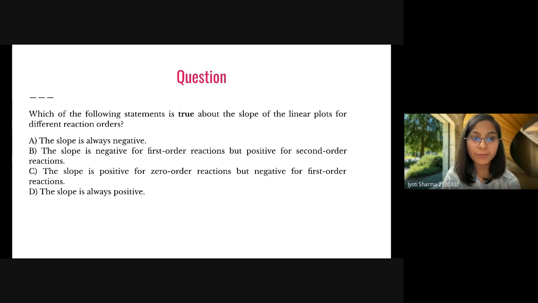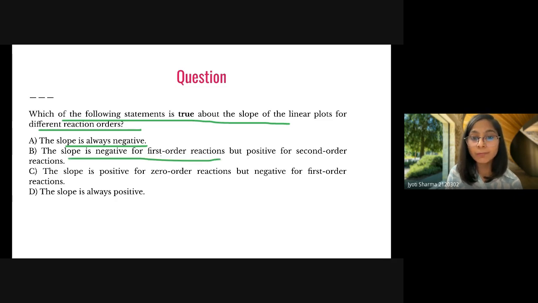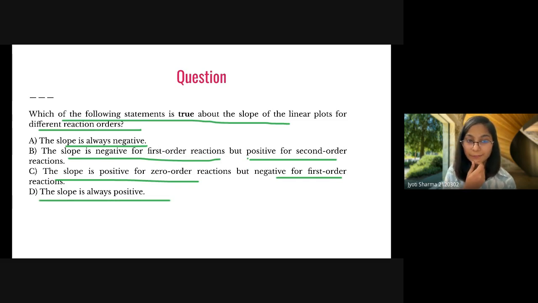Now you have to tell me which of the following statements is true about the slope of the linear plot for different reaction orders. The slope is always negative. The slope is negative for first order reaction, but positive for second order reaction. The slope is positive for zero order reaction but negative for the first order reaction. Slope is always positive.